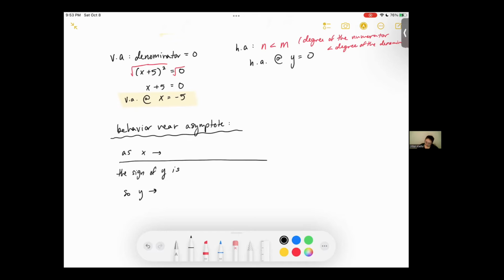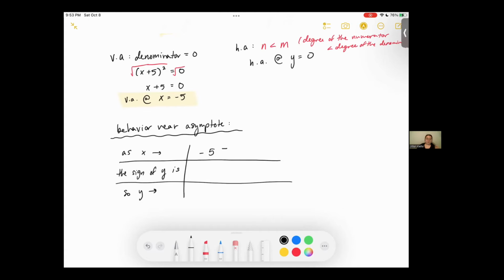So we're going to fill in these statements. That first column is just what we're labeling this. And then we're saying that x is approaching the value of the vertical asymptote, which is -5. And you always want to look at that value from the left and from the right. So as x approaches -5, first from the left.